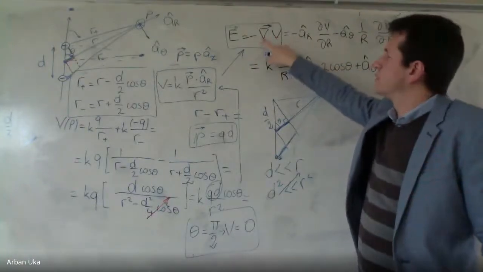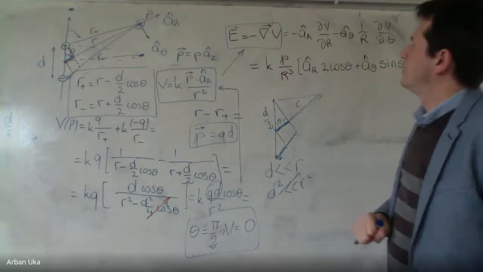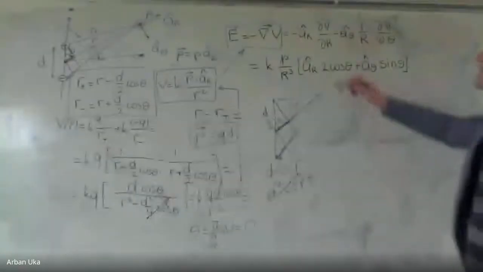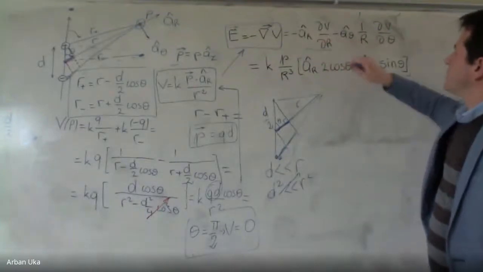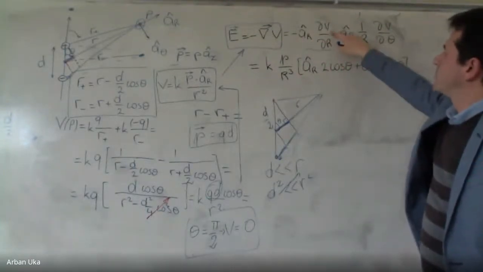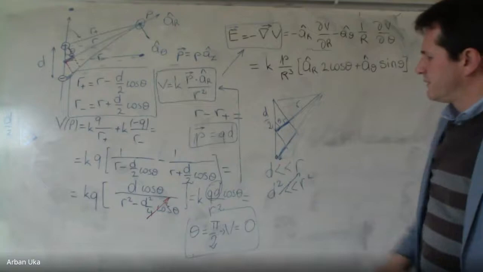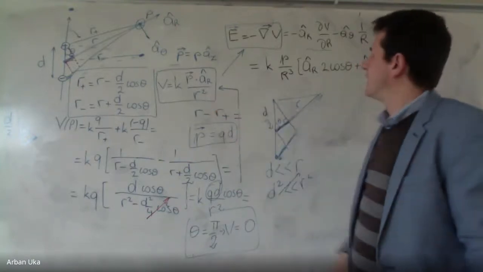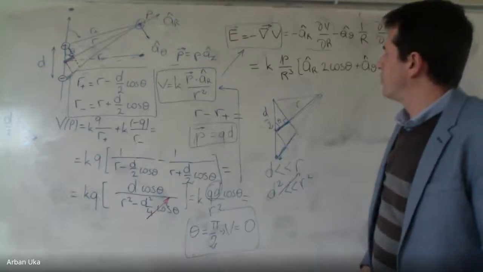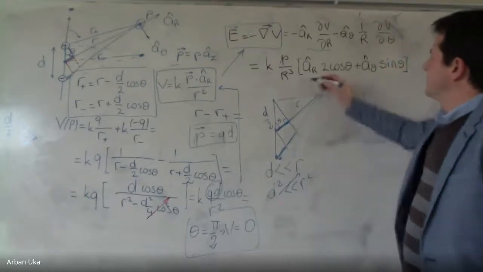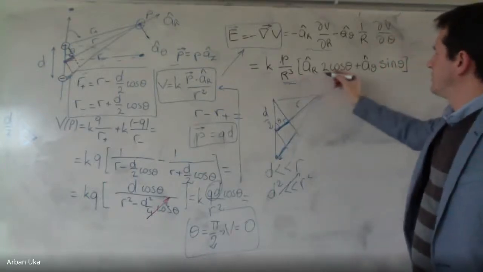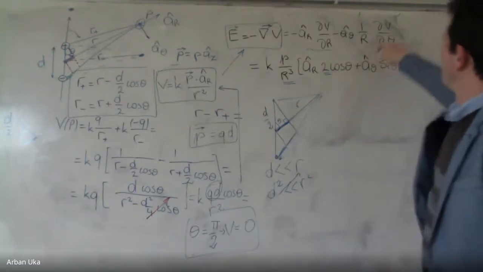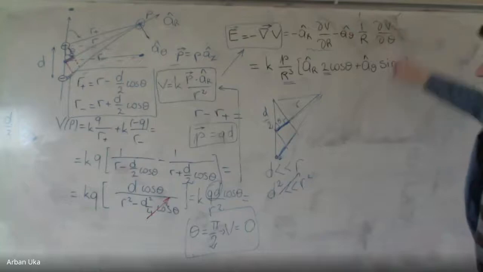So we go to the formula sheet, look at the del operator of the spherical coordinate system, and this is what we get. Now we have the derivative of the potential with respect to r. Here we have 1 over r squared. The derivative of 1 over r squared with respect to r is minus 2 over r cubed. So this is where we have the r cubed term, and this is the 2. And then the derivative of the potential with respect to angle theta.